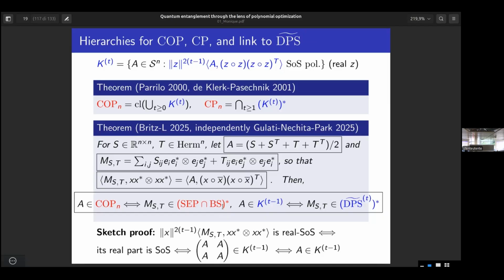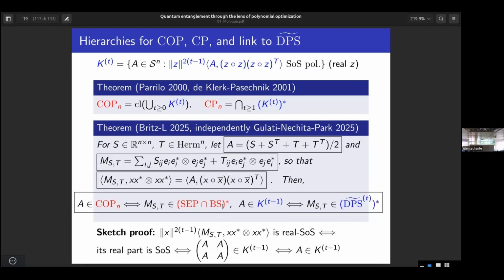So this now makes a connection between every step of the hierarchy, while before it was only known at the end of the hierarchy: SEP versus CP, or SEP star versus copositive.